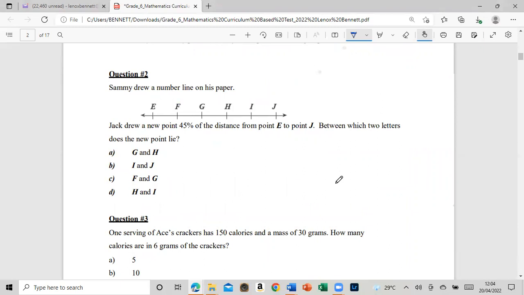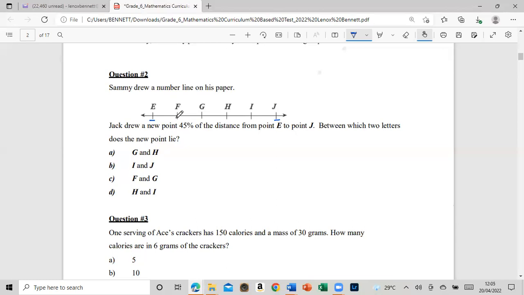Question 2 says, Sammy drew a number line on his paper, and there's a number line, and it says Jack drew a point 45% of the way from point E to J. Let's write that. So it's 45% from E to J. Between which two letters does the new point lie?